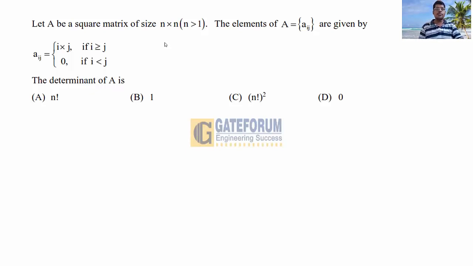This question is from engineering mathematics, from the topic linear algebra, subtopic basics, that is determinant. GATE 2021 solution: first consider 2 cross 2, 3 cross 3 and then generalize using mathematical induction, or you can consider the n cross n matrix directly.